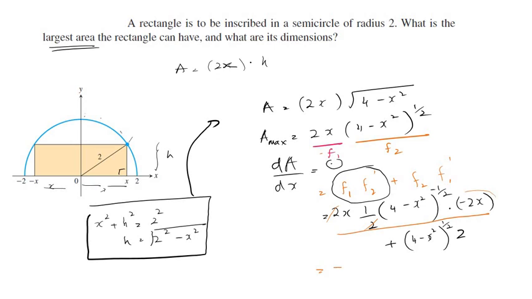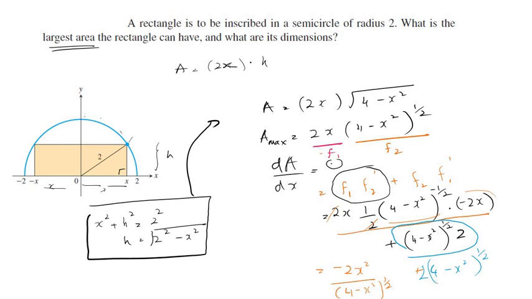We have minus 2x squared, and we bring this part below to the denominator. So we get it as (4 minus x squared) to the power half, and then we add this part. We add this part of the equation, which is (4 minus x squared) to the power half, and we get 2 to the front here.